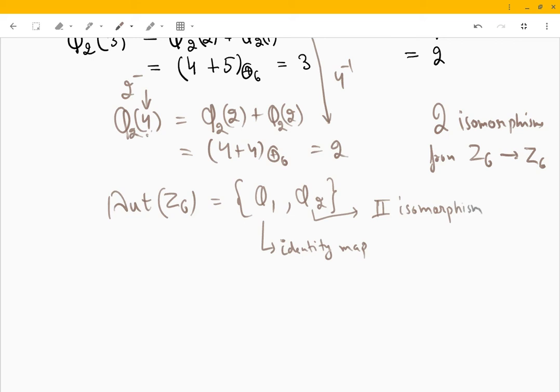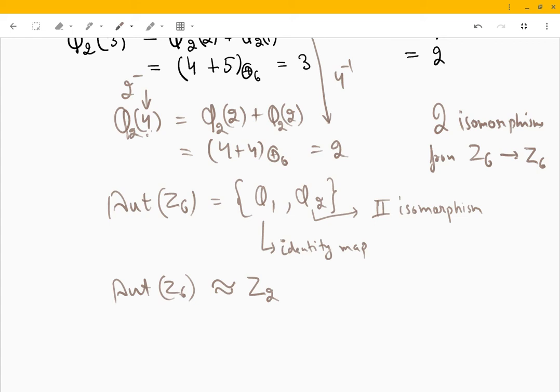So automorphism of Z6 contains two elements, right? So Aut Z6 is actually isomorphic to Z2. Any group with two elements is isomorphic to Z2. That's why.